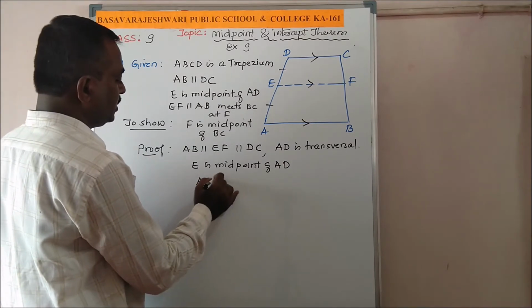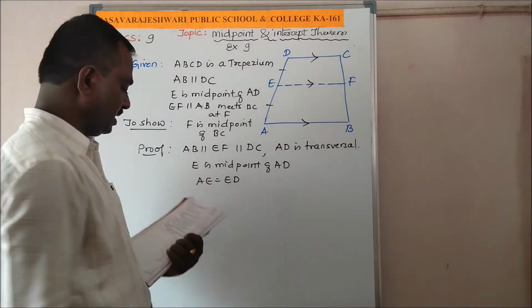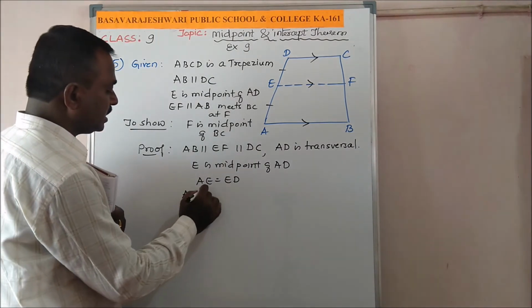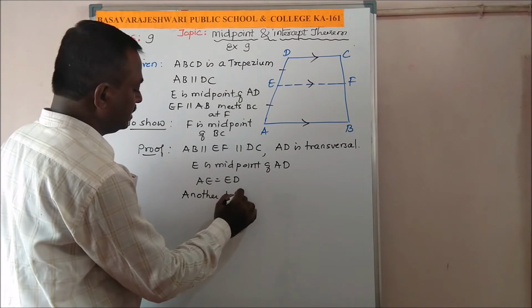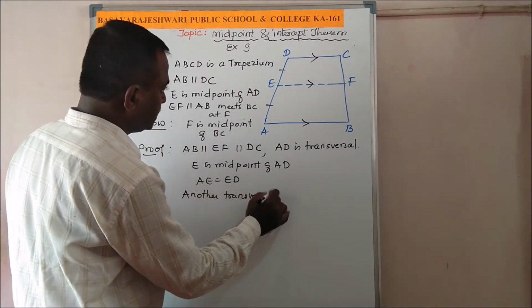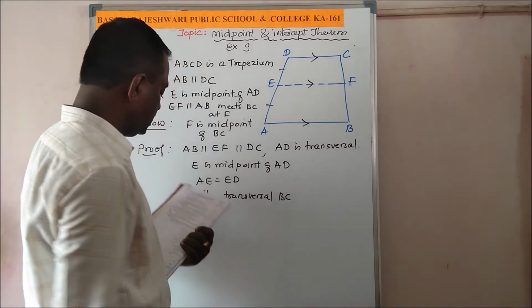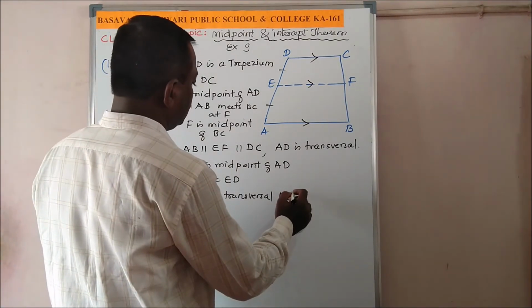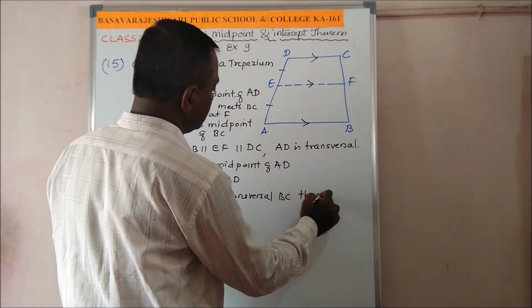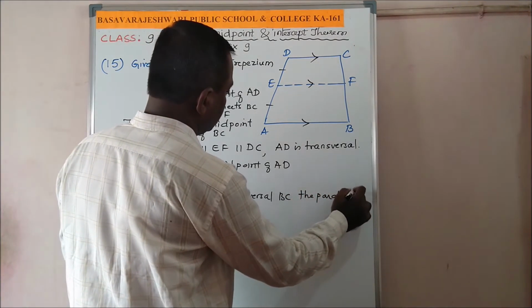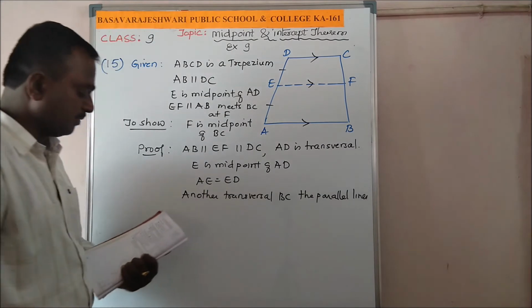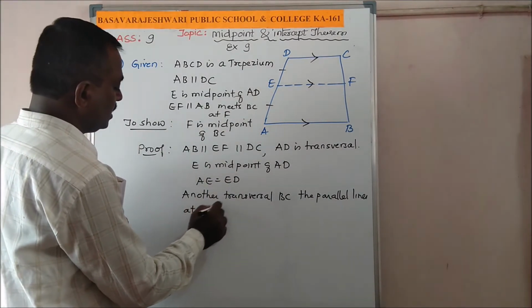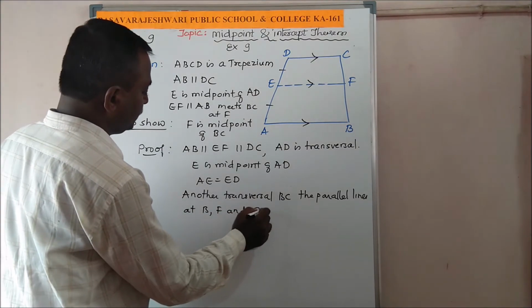Therefore, AE is equal to ED. Another transversal is also there: BC is also cutting the parallel lines at B, F and C.